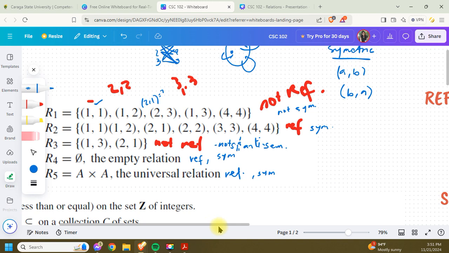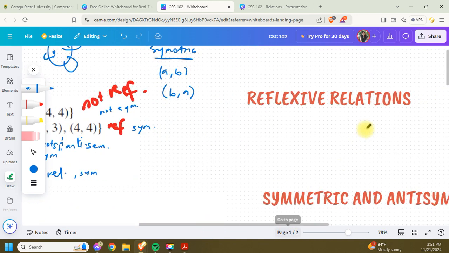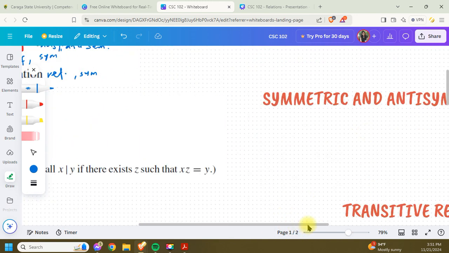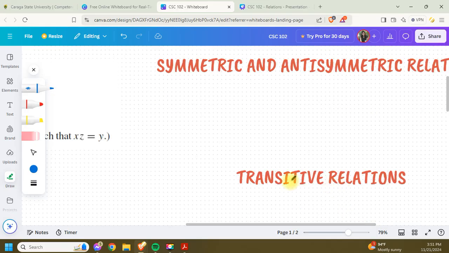Okay, thank you. Alright, so now let's move to the last property of a relation, which is transitive relations.